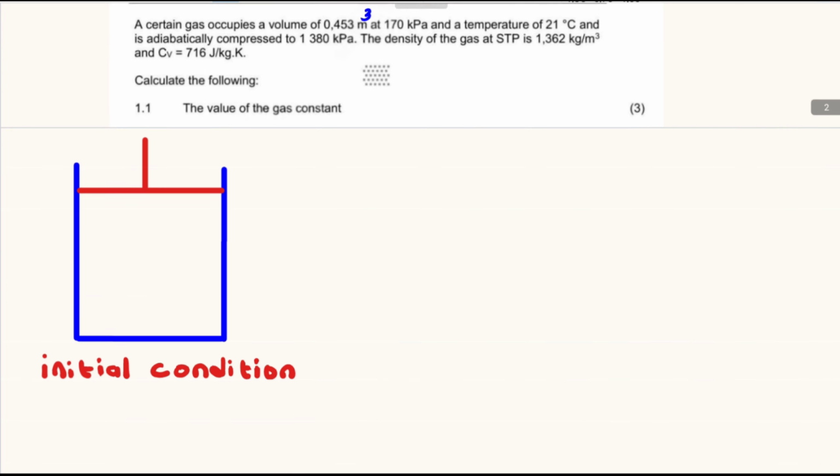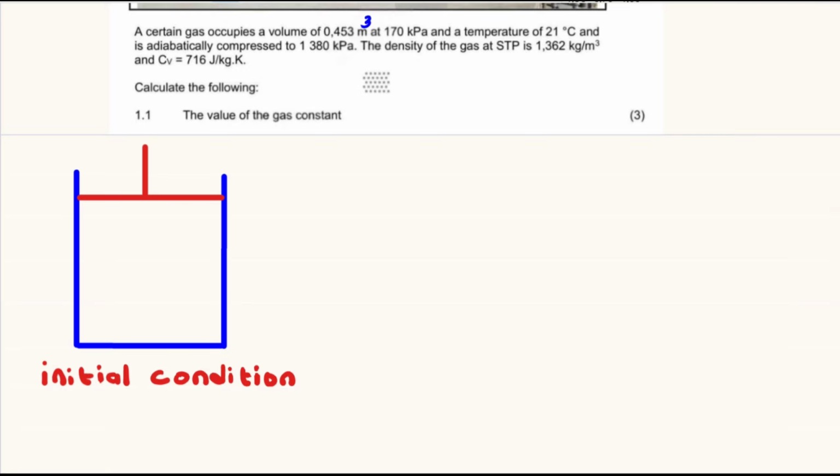and the statement reads that a certain gas occupies a volume of 0,453 meter cube at 170 kilopascals and a temperature of 21 degrees Celsius.